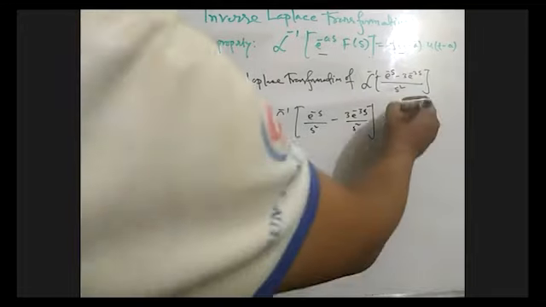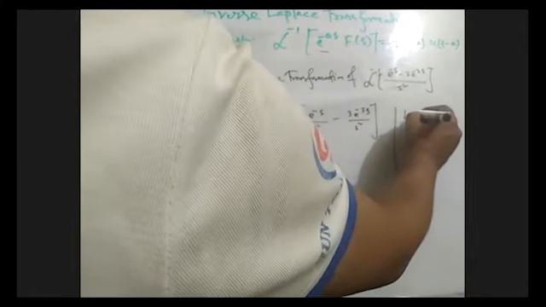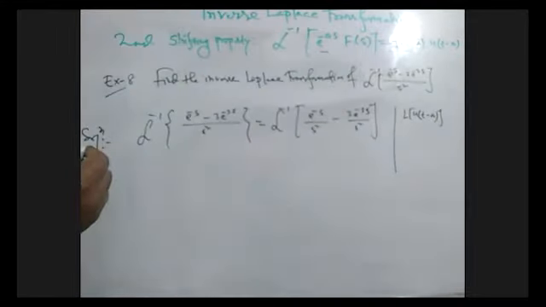You must know there is a property: the Laplace transformation of u of (t minus a) can be written as e to the power minus a s divided by s.